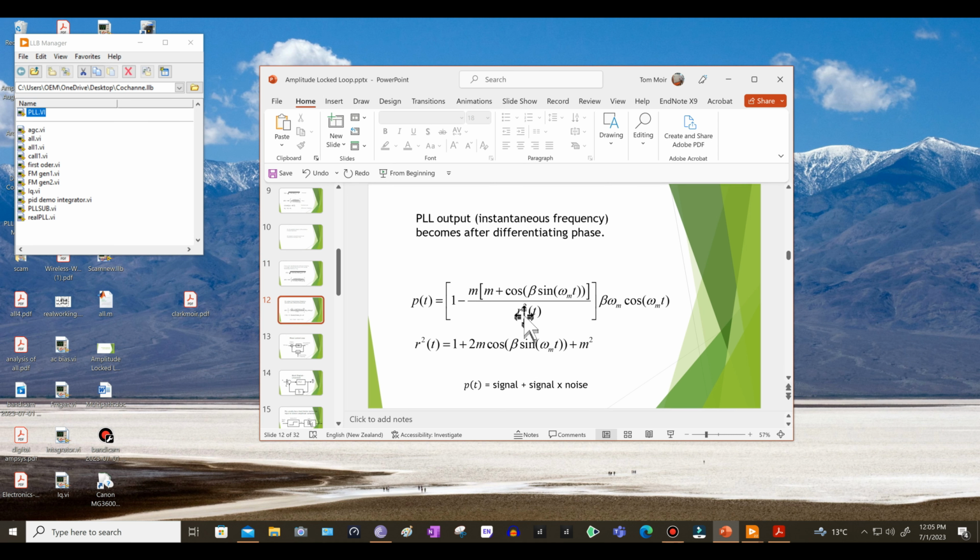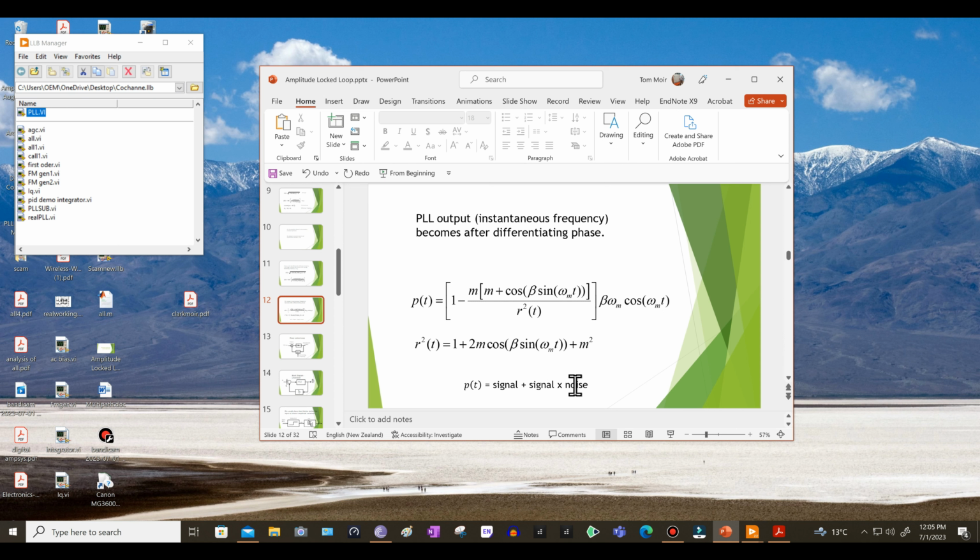Okay, and if you look at this, it's of the form of signal plus signal times noise, and that's a little bit different from what you normally expect in signal processing, which is signal plus noise, and then filter out the noise. So this is like multiplicative noise.